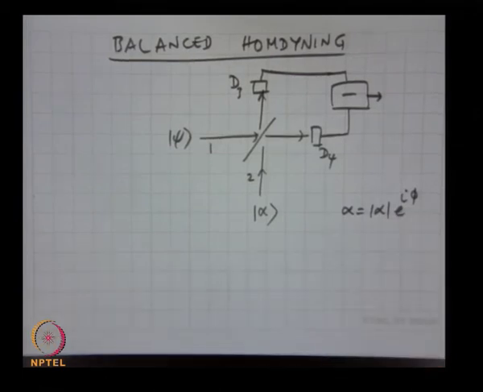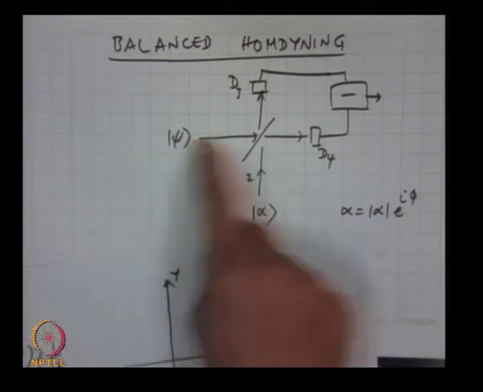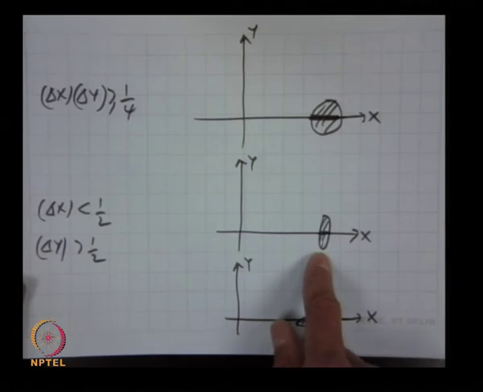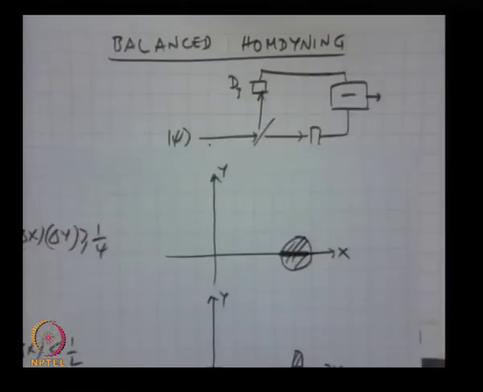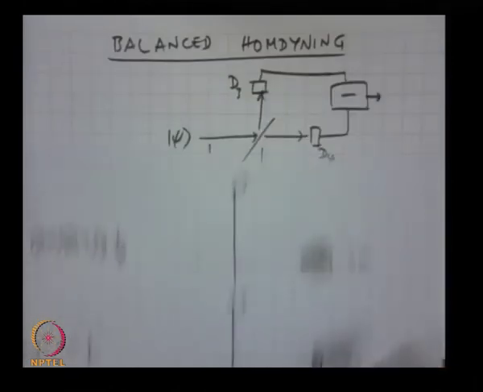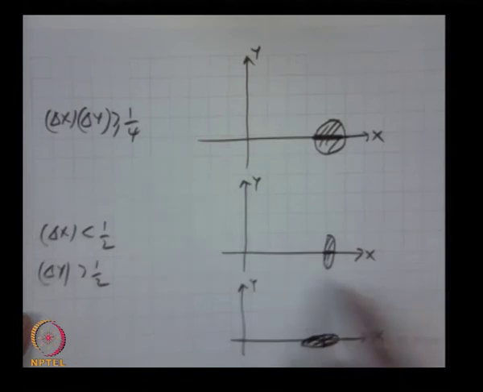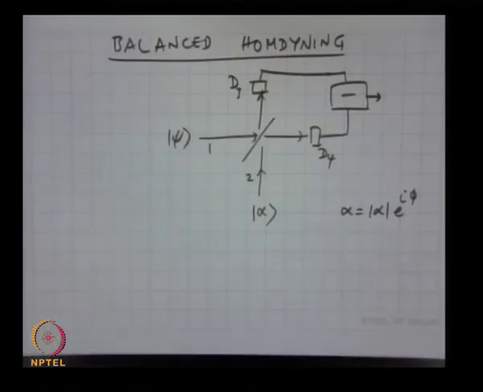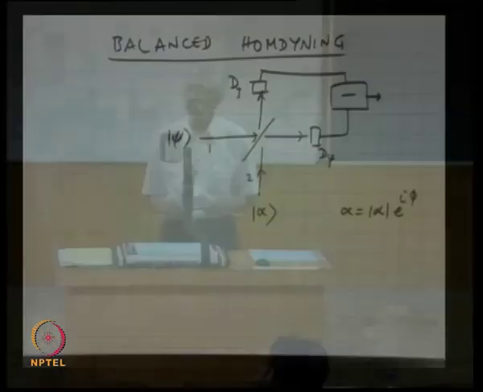So if, for example, at this input I had launched this kind of squeezed light, I would like to detect the x quadrature, and depending on the value of phi I choose, I will measure either the x quadrature, the y quadrature, or any other orientation which I want.